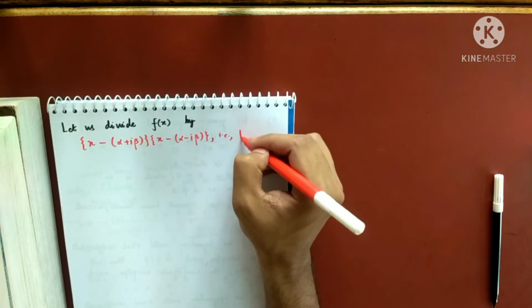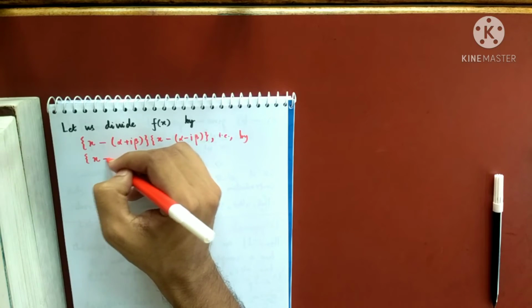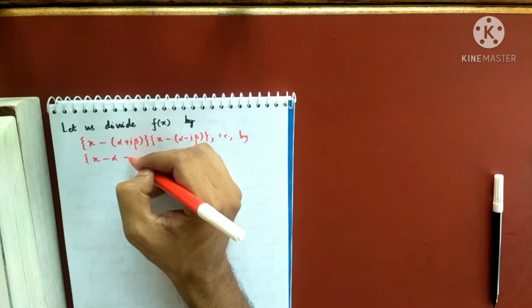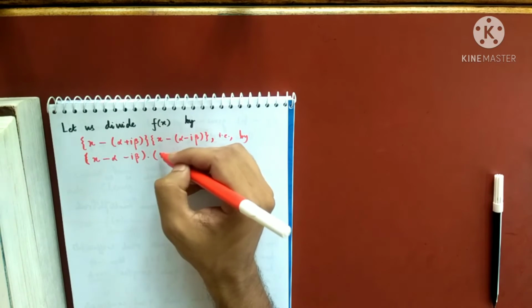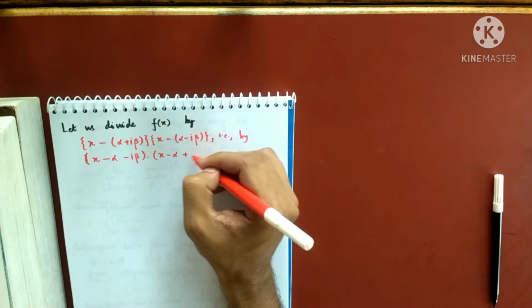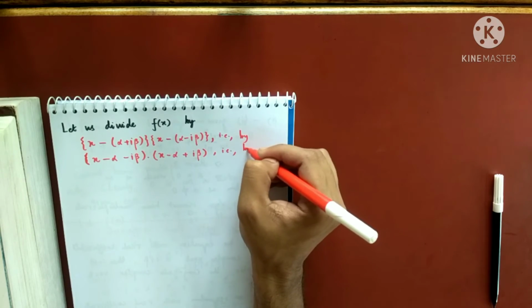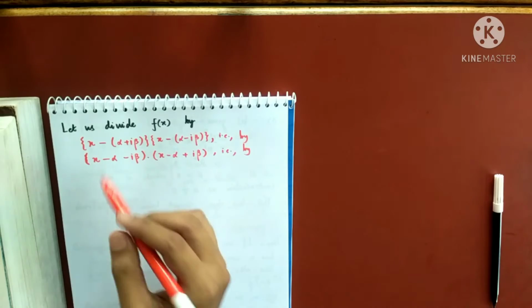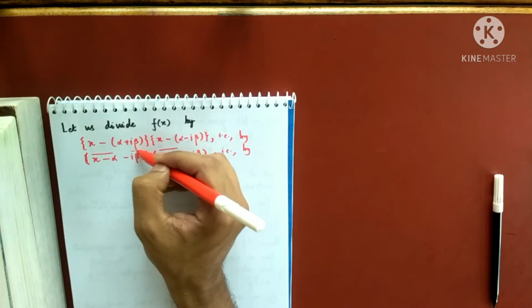Let's simplify this polynomial a bit. It can be written as (x minus alpha minus i beta) times (x minus alpha plus i beta). Think of x minus alpha as a and i beta as b.